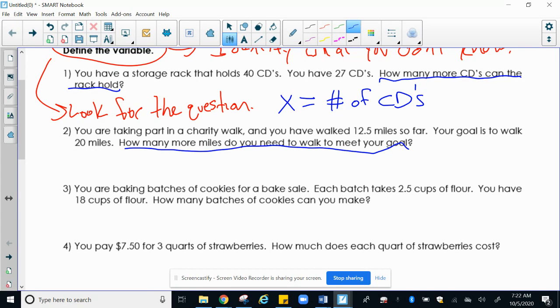So we define our variable: X equals the number of miles you need to walk.